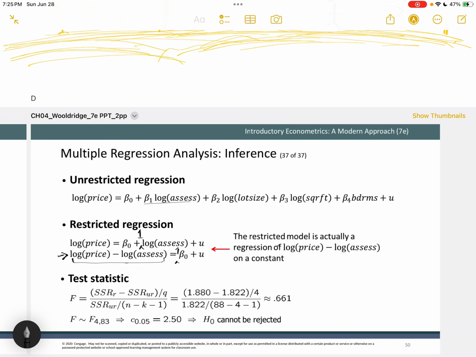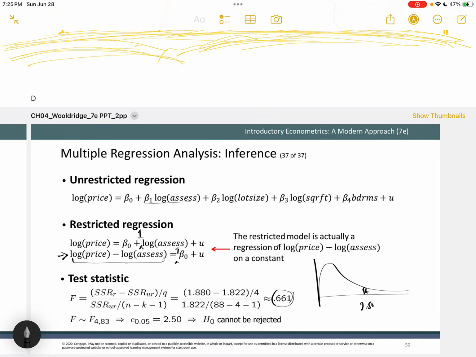So that test statistic will be as we have seen it earlier, the sum of squared residuals from the restricted model minus the one from the unrestricted model, and you get 0.661.